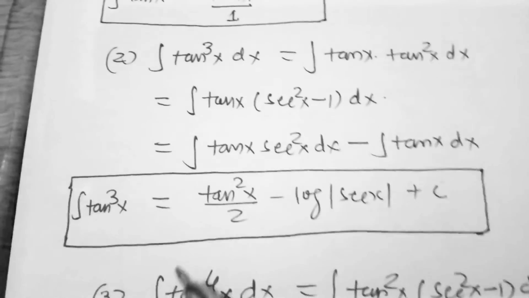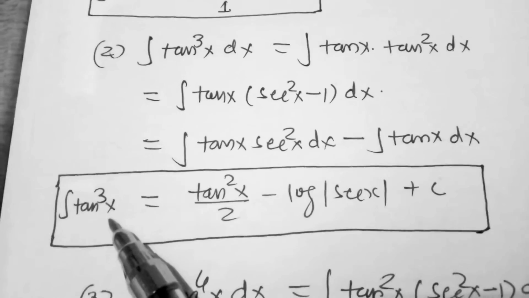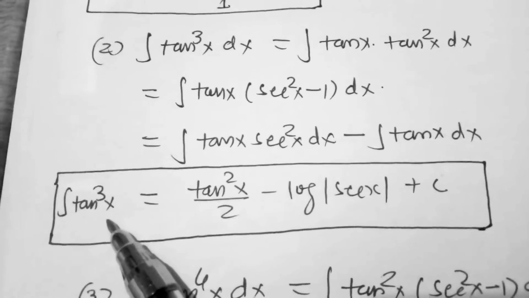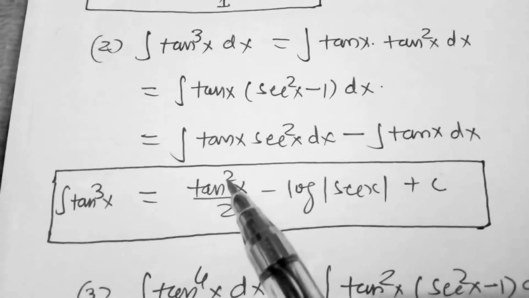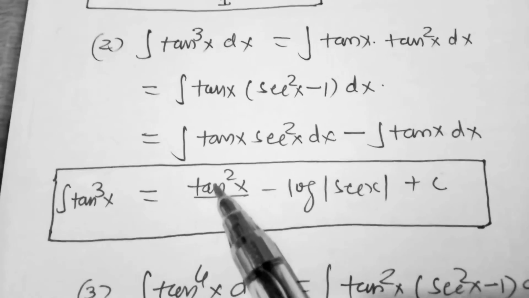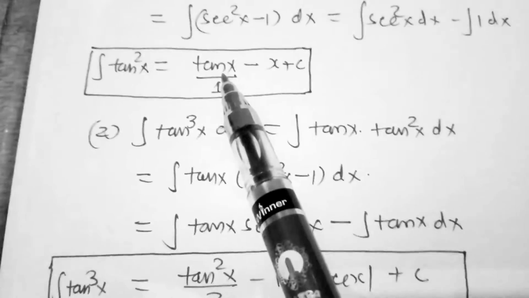Okay, now look at the answer and the question here also. In the question there is 3 as the power of tan x, and in the answer we started from 2 in the power of tan x, that is tan square, that is 1 less power, correct? Here also 1 power less, right?